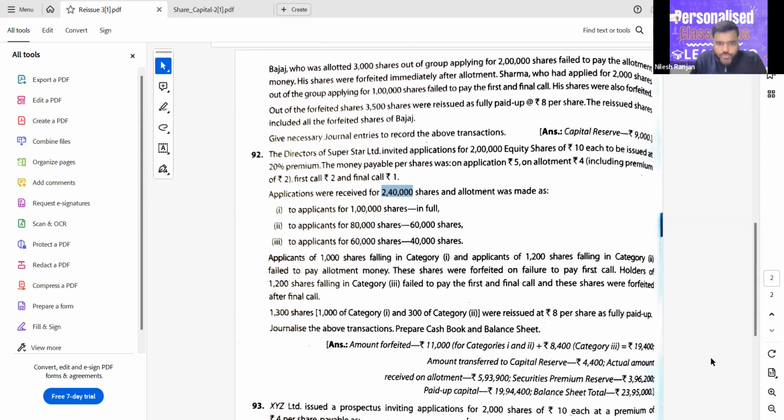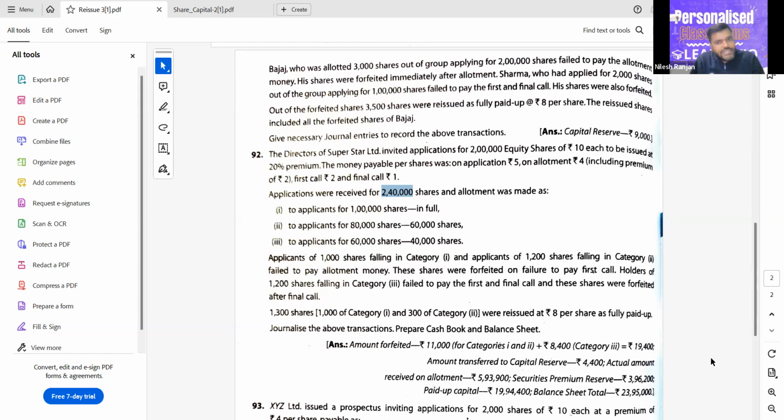Yes, in this question, there are 3 categories. In the first category, we don't have to do anything extra because they have applied for 1 lakh shares and we have issued 1 lakh shares, so equal amount. So no problem in the first case.